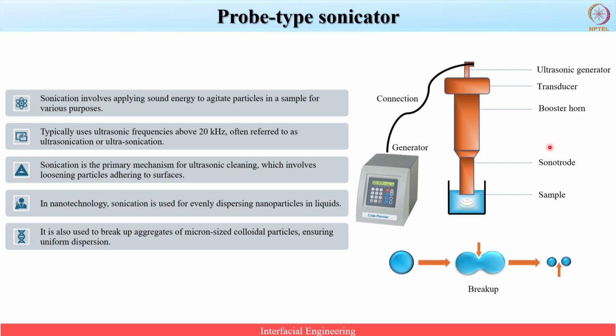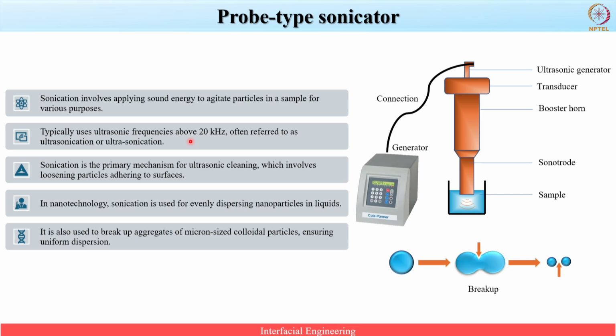When the probe is placed into the sample, the intensity of sonication can be controlled by tuning the frequency, or we can say the amplitude supplied by the ultrasonic generator. If we talk about the key features, the energy is delivered into the sample in the form of sound waves, which cause agitations, aiding in better mixing. The ultrasonic bath frequency is about 20 kilohertz.